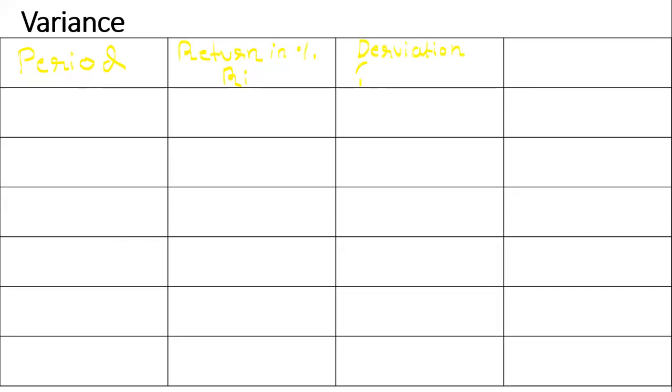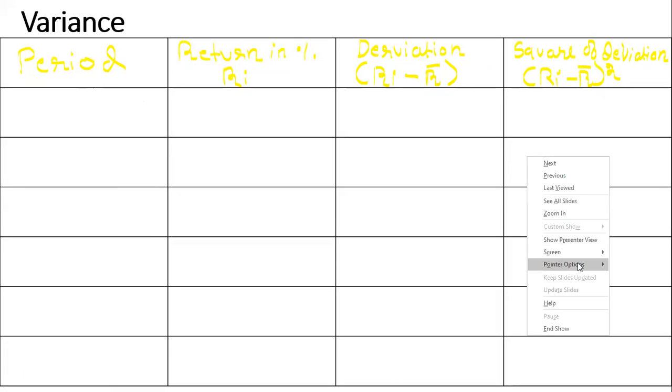For this, we calculate Ri minus R bar, which is the average return we have already calculated. In the last column, we have to calculate the square of the deviation, which is nothing but Ri minus R bar whole square. So let's calculate it.